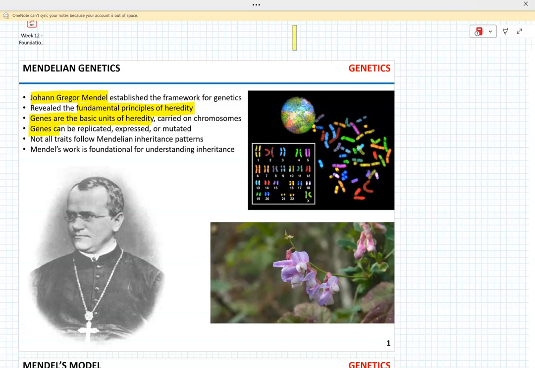And we know now that genes can be replicated, they can be mutated, or they can be expressed. We're going to start with the Mendelian genetics, but you will see that not all traits will follow the classic Mendelian pattern of inheritance. Nevertheless, Mendel's work was essential for full understanding of the genetic concepts later.